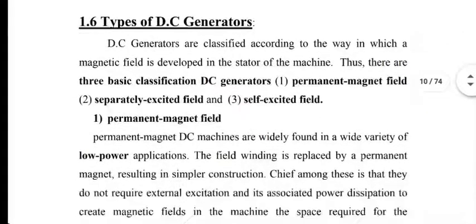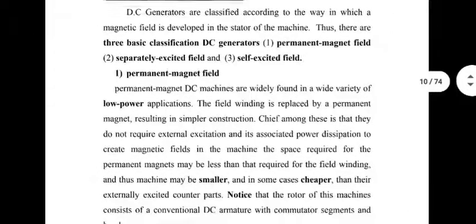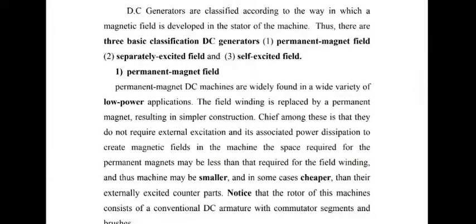Types of DC generators, obviously, one of them is that you use natural magnet only.